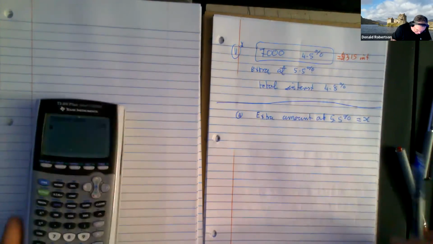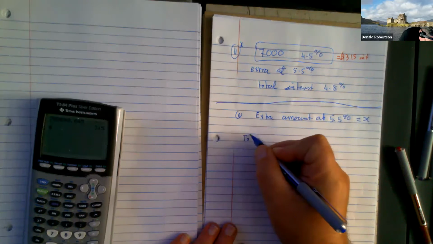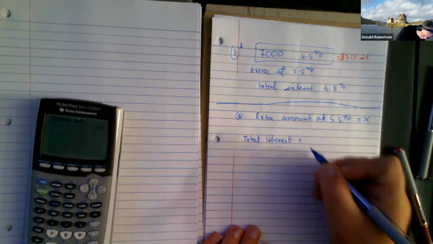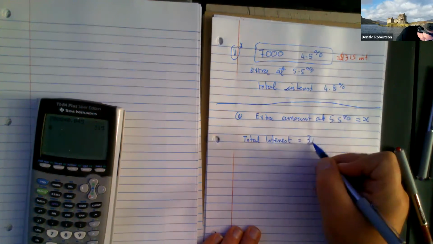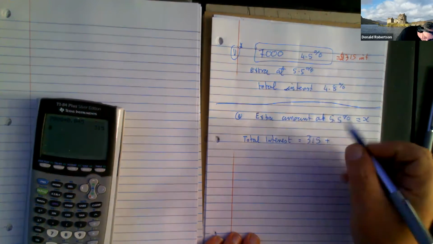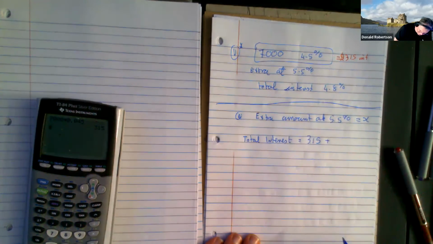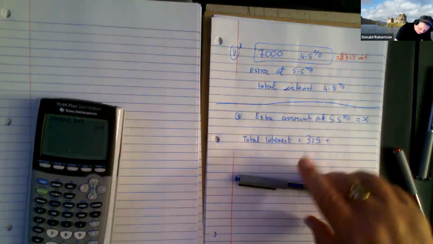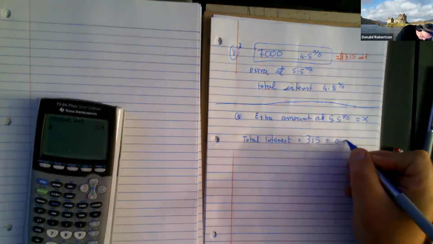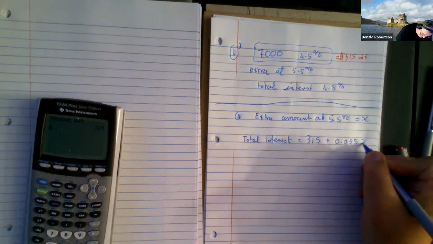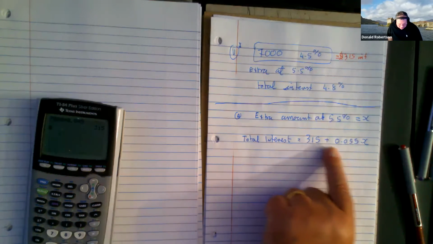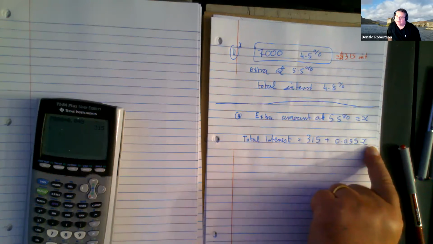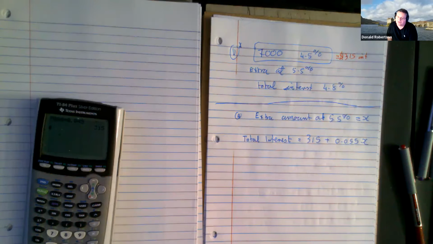Now, if I asked you to calculate the total interest, it would be made up of this amount, $315, plus the extra amount at 5.5%. As a decimal, 5.5% is 0.055. So 315 plus 5.5% of an unknown X, that is the total interest that we would get.